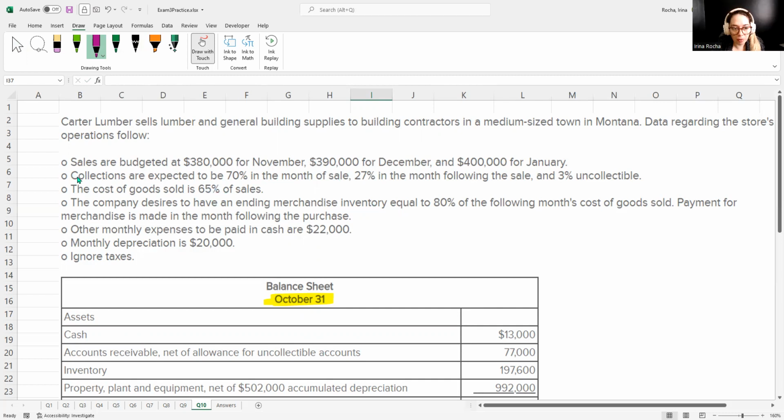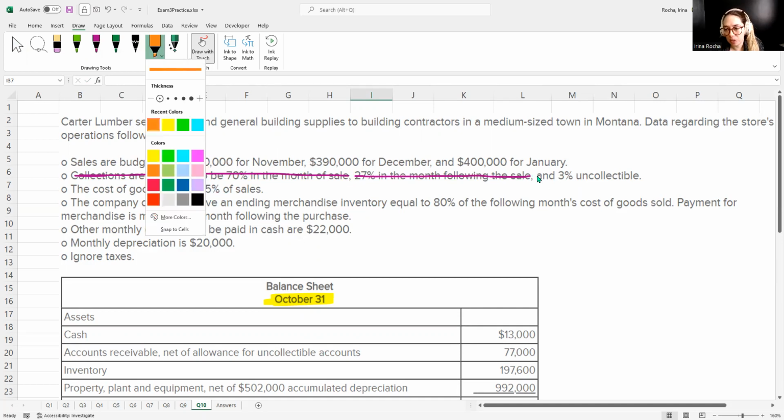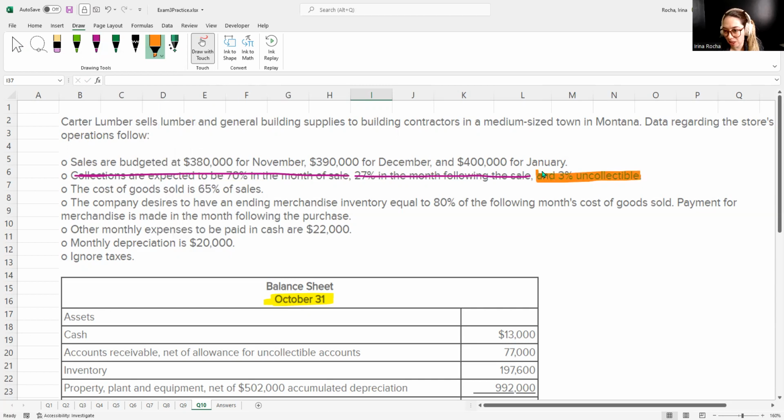So this information, collections are expected to be 70%, is irrelevant for us because it does not affect net operating income. The 27% in the following month is irrelevant too. But this 3% that is uncollectible is relevant because that's a loss that affects our net operating income. I'm never going to collect that. Those are people who didn't pay me.